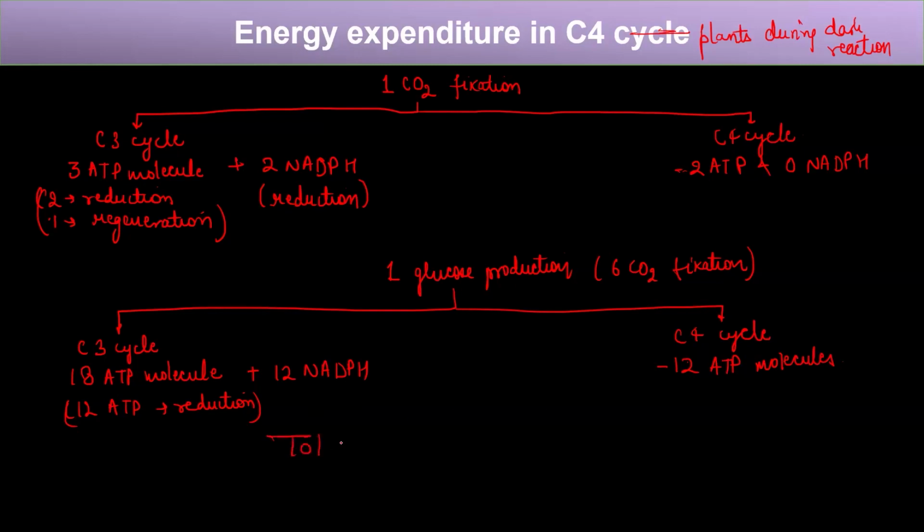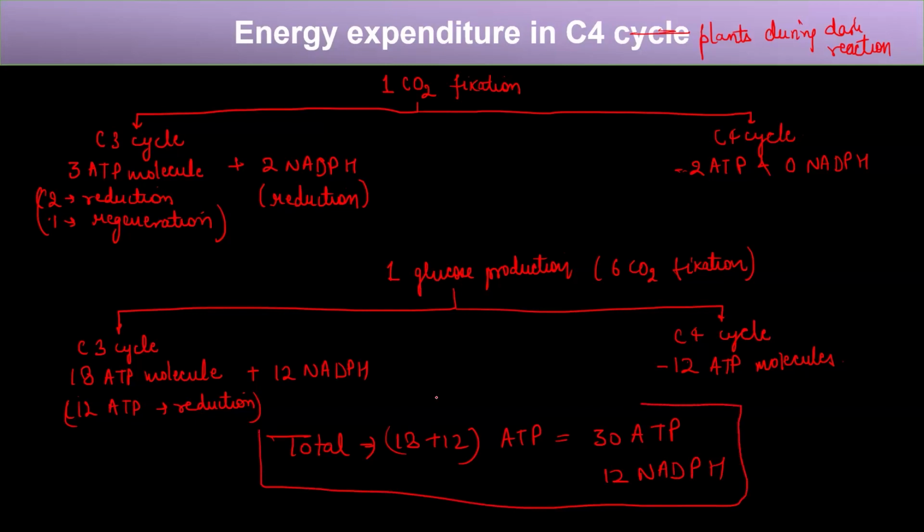In the C4 plant, dark reaction, you will have 18 plus 12, that is 30 ATP, including both C3 and C4, and 12 NADPH. So this is the total energy expenditure in the C4 plant during dark reaction. Okay. So this is about the energy expenditure.